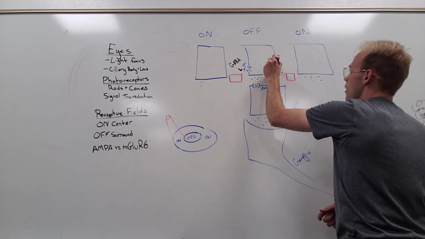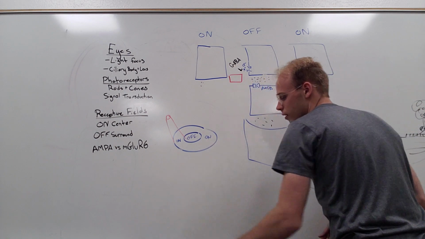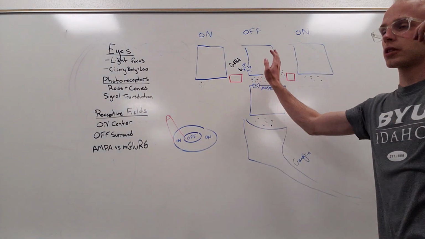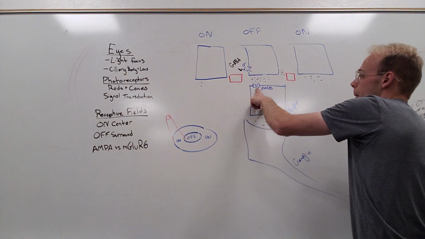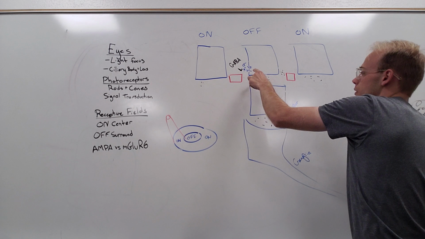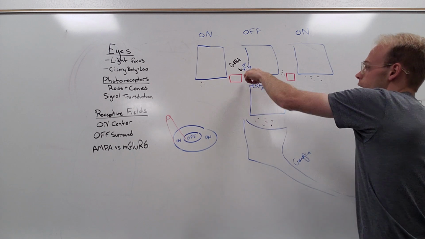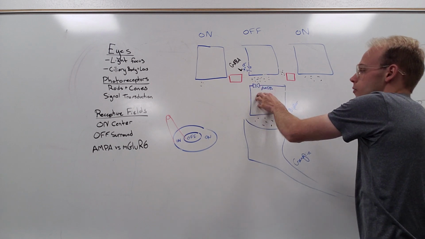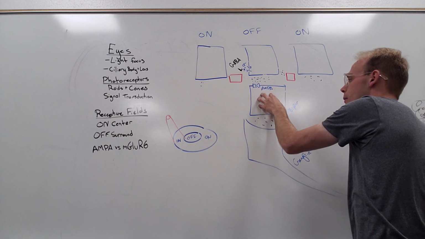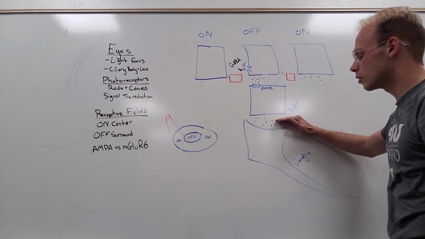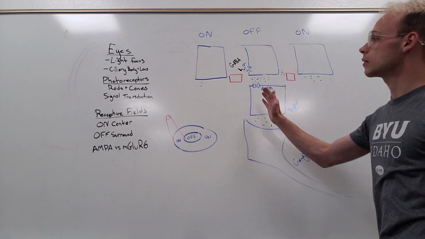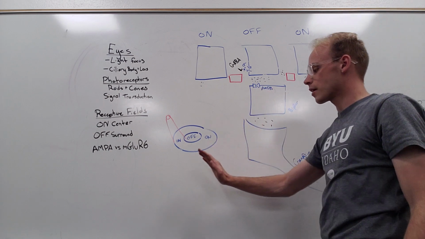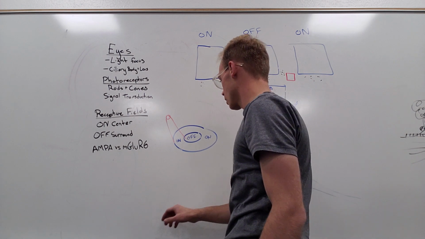And this causes this one to depolarize slightly less often, so you don't release as much glutamate as you possibly could. So this glutamate binds to the AMPA receptor and allows sodium and calcium to run in, which depolarizes the bipolar cell, which then sends glutamate into the ganglion cell and tells the brain, I'm seeing light.